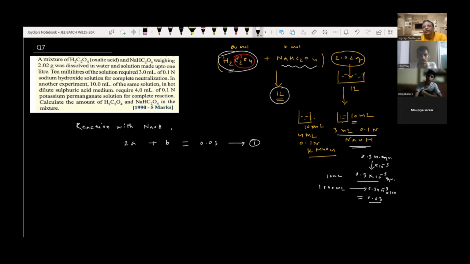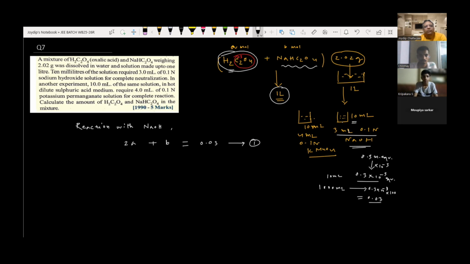Here, for 10 ml solution, the number of milliequivalents is volume in ml into normality, and I have converted into equivalents. So for 10 ml, the number of equivalents is 0.3 into 10 to the power -3. So for 1000 ml, 1 liter, what will be the number of equivalents?